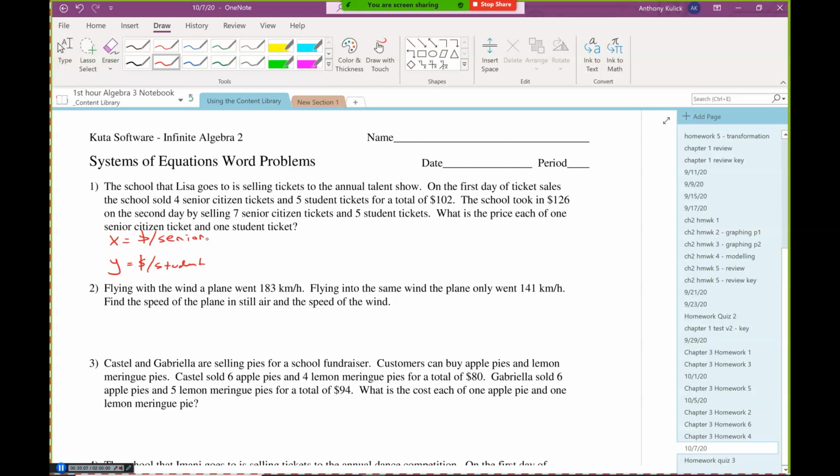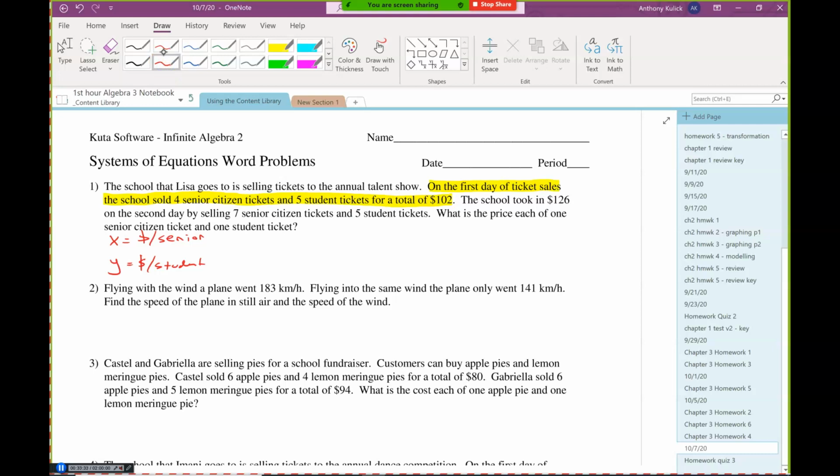Since we have 2 variables, we know our system is going to need 2 equations. If I read through this, though, it very much sounded like there was information for 2 separate situations, right? Each of these separate situations is going to represent one of our equations. So the first situation was on the first day of ticket sales. We sold 4 senior citizen tickets and 5 student tickets for a total of $102.